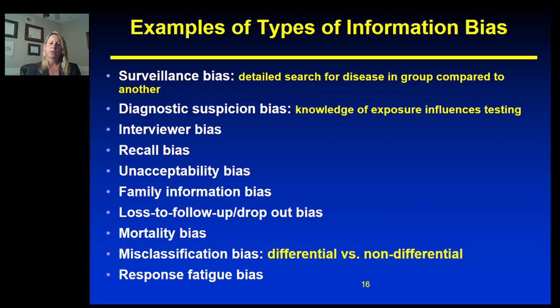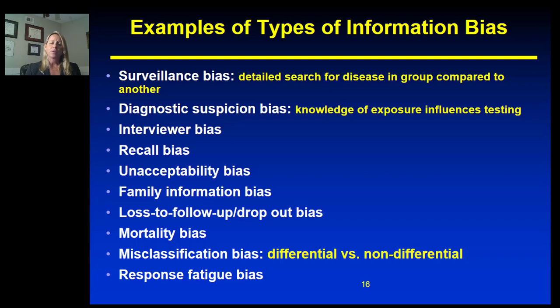There's also unacceptability bias, and that is what we saw in the example I just gave of the prevalence survey in Sweden. Again, that's a bias that occurs because subjects choose either not to provide that information, or they provide more information because of their views on whether or not it's considered acceptable. There's a family information bias.